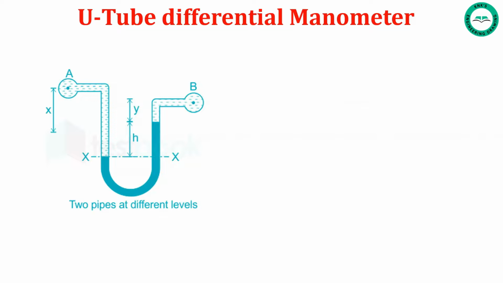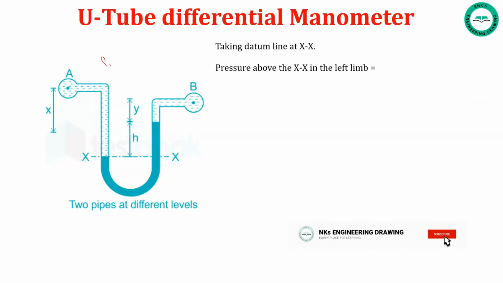Taking reference line, that is datum line XX, we can write the pressure in the left limb. Here rho 1 is the density of the liquid present in the left limb, into G, into height.